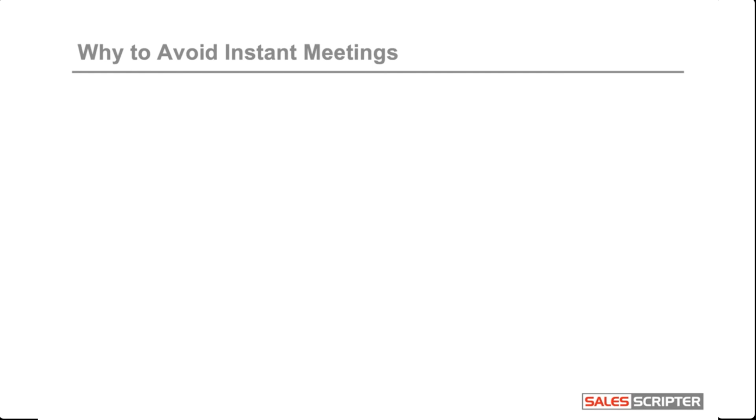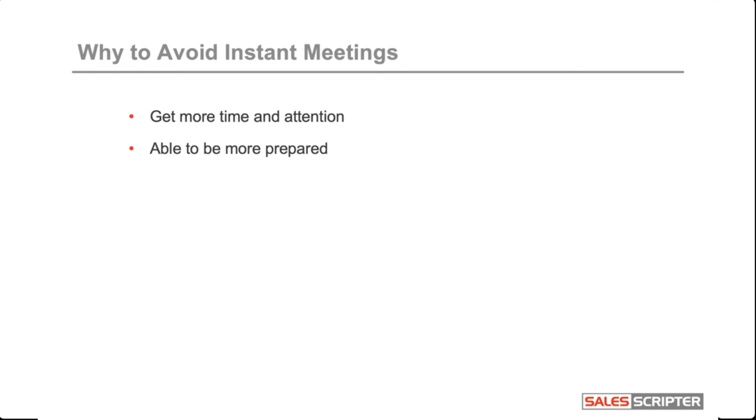The problem there is that if you schedule a meeting on another day, instead of having 15 or 20 minutes, you might end up having a 30-minute meeting, which means you double the amount of time you have with the prospect. So that's really the first point here: if you stop the instant meeting and pause, and then schedule that meeting on another day, you are sure to get more time and attention with the prospect than just trying to drag out a cold call for 15 to 20 minutes.